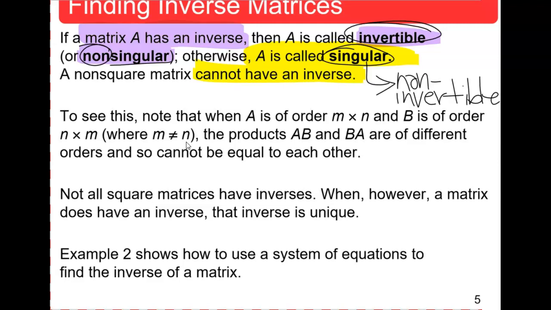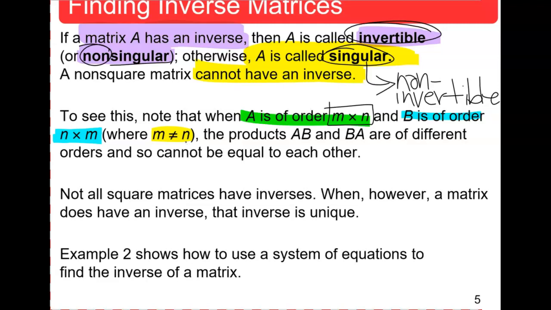To see this, note that when A is of order m by n, meaning the number of rows and columns is different, and B is of order n by m, and again, let's point out that m and n are not equal, the products AB and BA are of different orders, so they cannot be equal to each other.